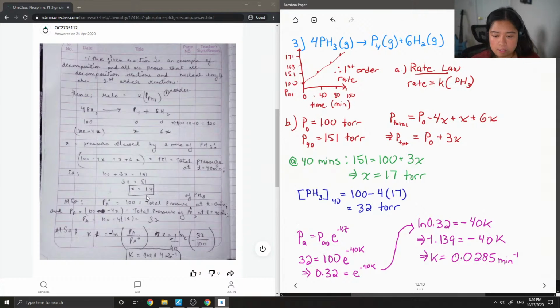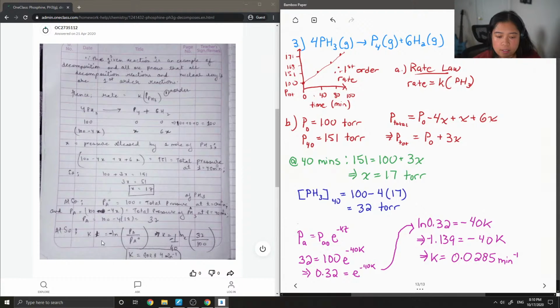So they calculated the total pressure of phosphine at t equals 40 minutes: 100 minus 4 times 17, so they got 32 torr.